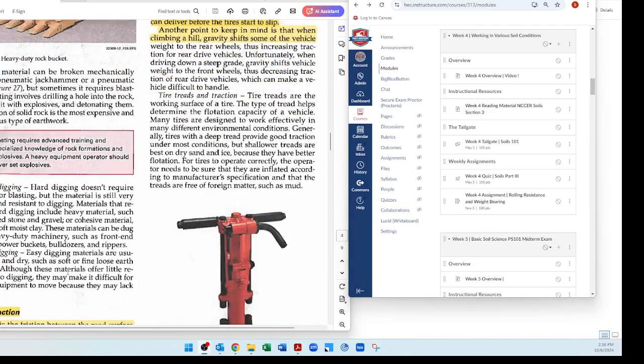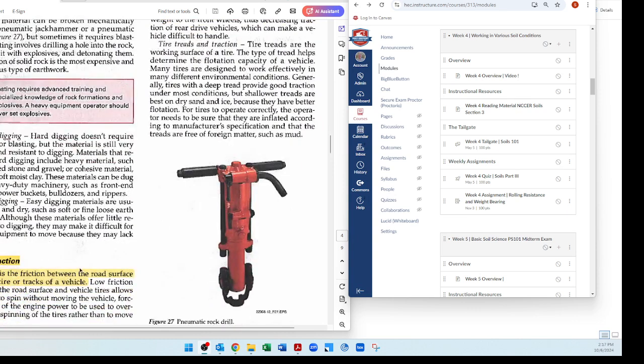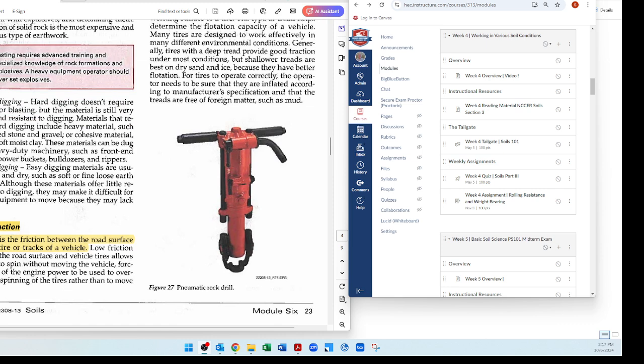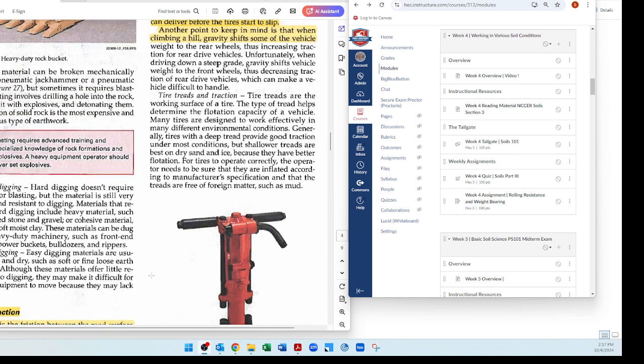We went through the different, here we go, traction. Traction is the friction between the road surface and the tire or tracks of the vehicle. Low friction between the road surface and vehicle tires allows the tire to spin. That's when we're in mud, snow, and ice, without moving the vehicle, forcing some of the engine power to be used to overcome the spinning of the tires rather than to move. So you're spinning your wheels.